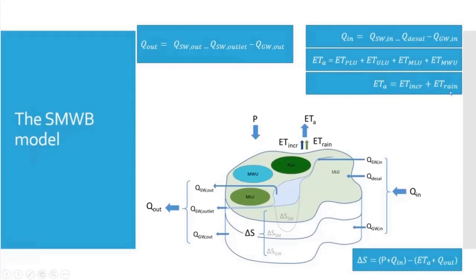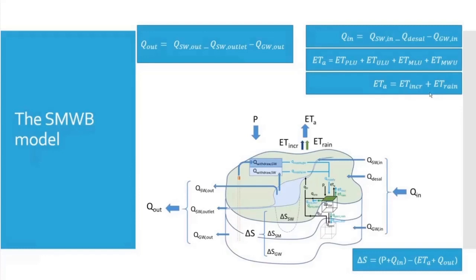We have precipitation and evapotranspiration. We have surface runoff from the pixel, and we have a base flow component which is coming from the groundwater, and the surface runoff plus the base flow will give us the total runoff from the river basin.